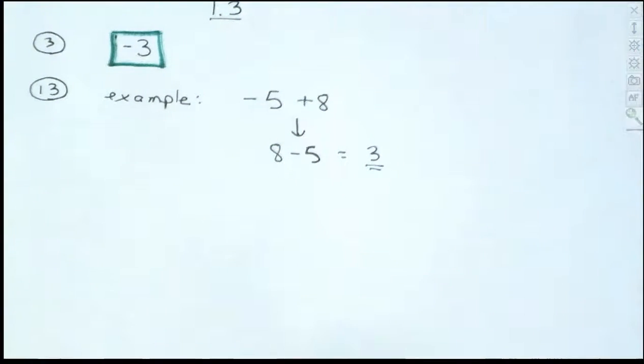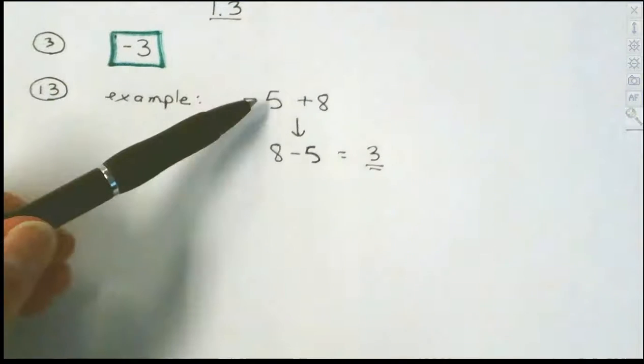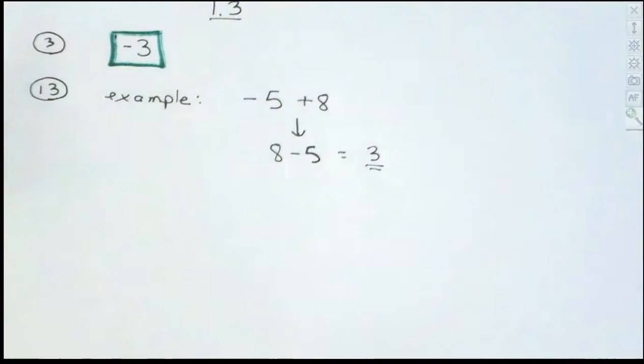So what we can do to make it easier sometimes is rearrange the order. You can put them in different order, as long as the plus stays with the 8 and the negative stays with the 5.